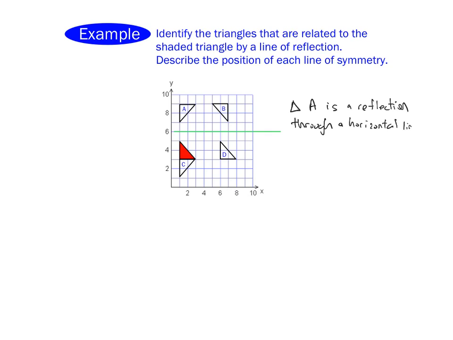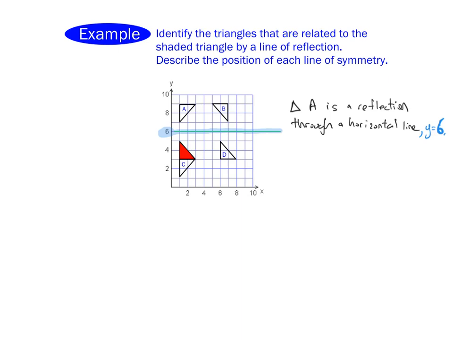Now the horizontal line is in a special position: it goes through 6. Every y value on that line is 6. So we would say that triangle A is a reflection through a horizontal line, and that line would be y equals 6. Okay?